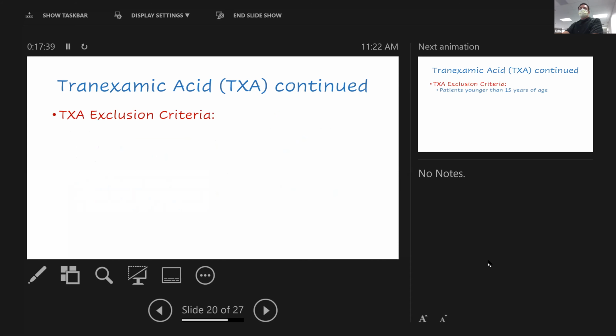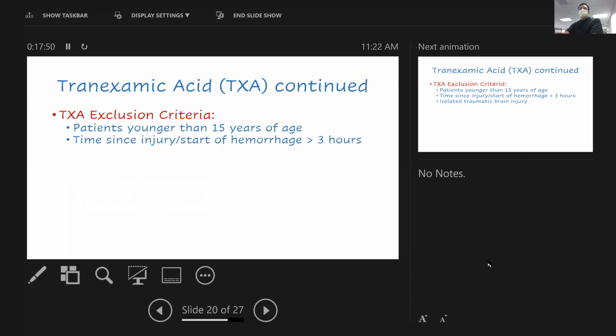There are some exclusion criteria that are important to know. Patients younger than 15 years of age should not receive this medication. Time is important. So what the studies have shown, and we'll go over some of the data, is that TXA is effective if given within 3 hours of the time of injury or the initiation of bleeding.